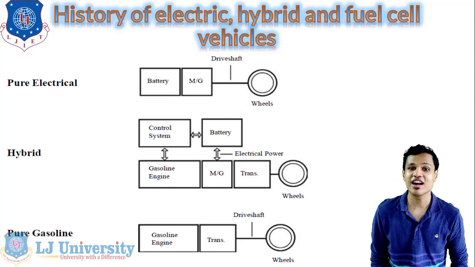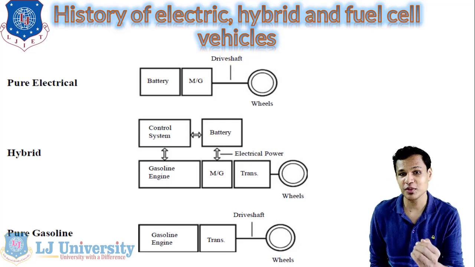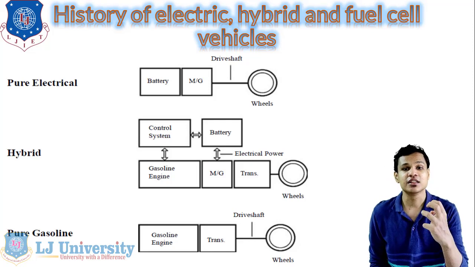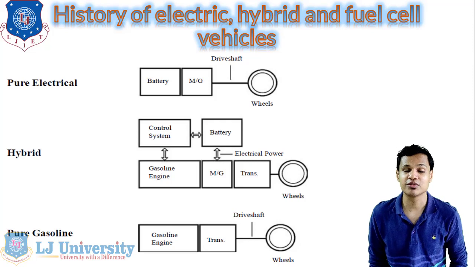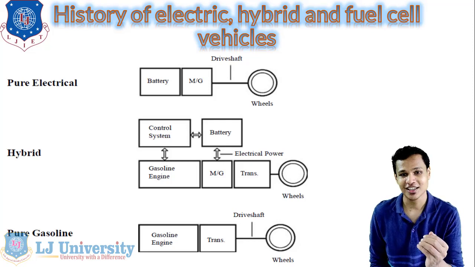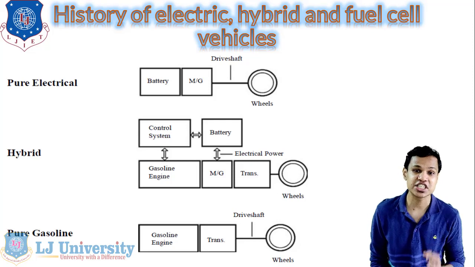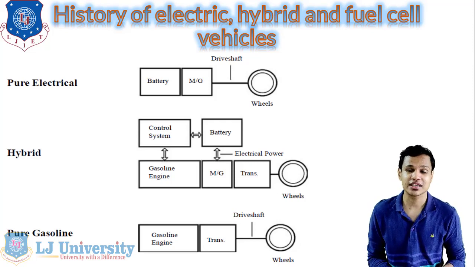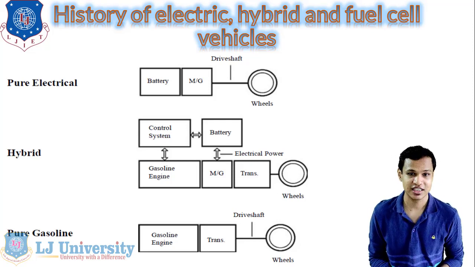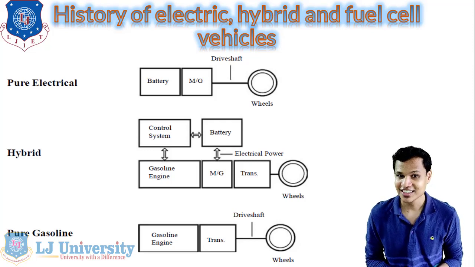So the biggest advantage here is that the fuel will be saved, and also the pollution or the emissions will be very low. Right, as we know that during the idle condition the engine generates the most number of emissions, right, that we have already learned.